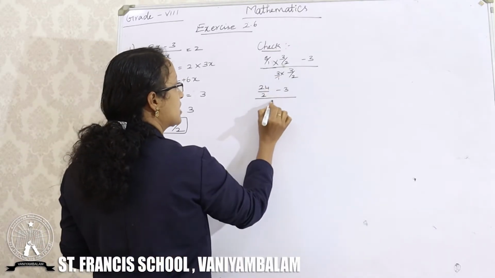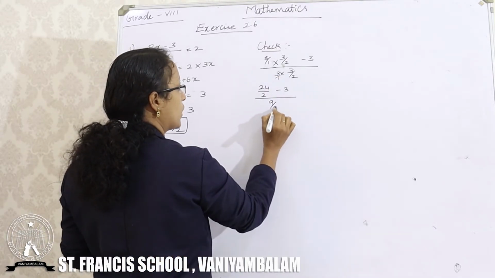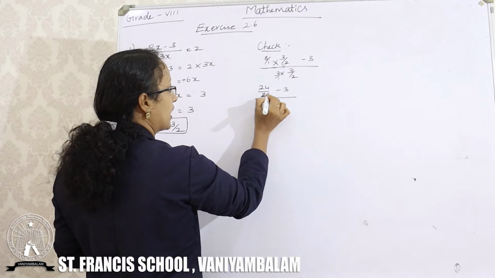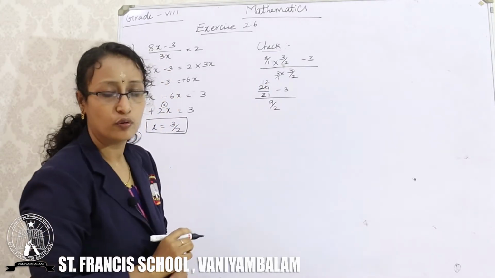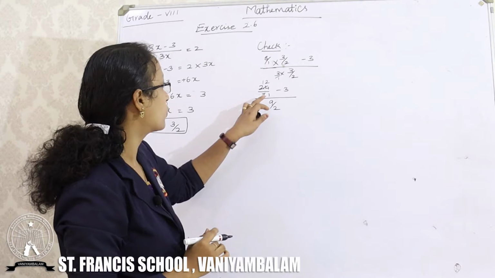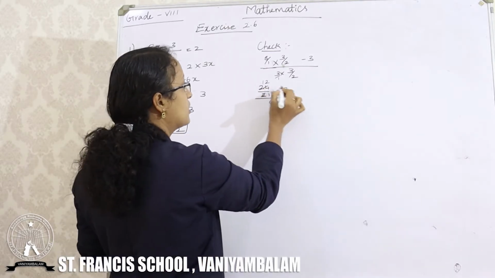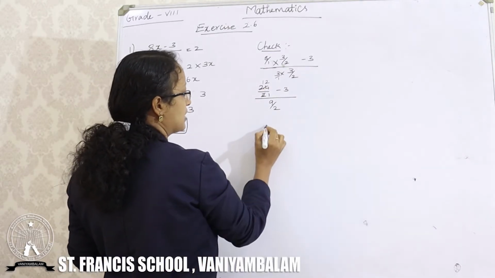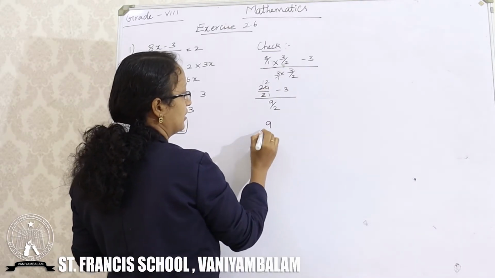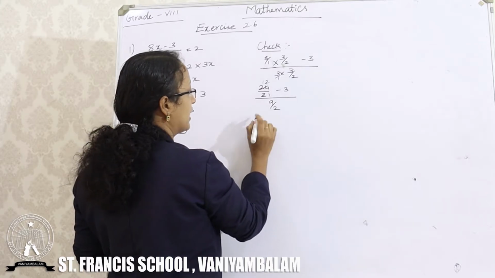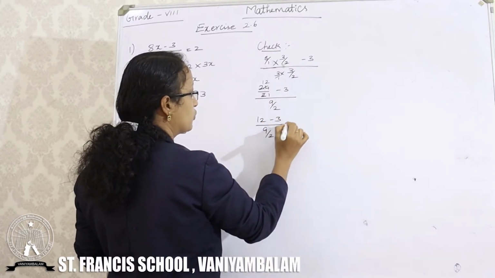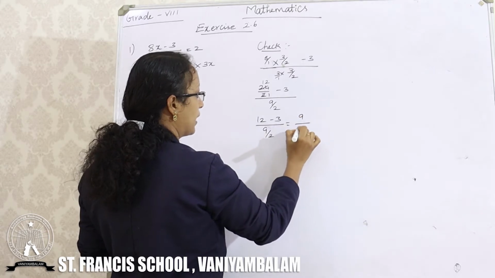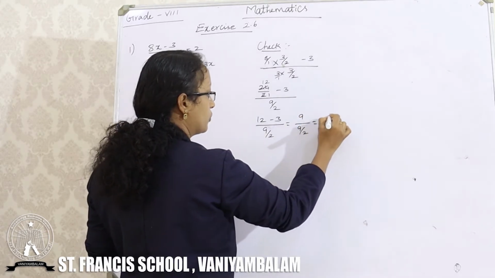So, 3 into 3 is 9 and 2 into 1 is 2. Now, you can cancel this 2 and 24. When you cancel in 2 table, you will get 1 time and 12 times. So, 12 minus 3 is 9, divided by 9 by 2.